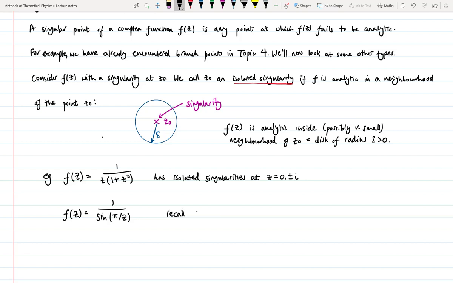Of course, you'll recall that sin x equals 0 when x is an integer multiple of π, so x = mπ where m is an integer. You'll spot that for some values of z lying on the real axis, the denominator is going to equal 0, and we have a singularity. I'll draw a little picture so we can see what's going on.